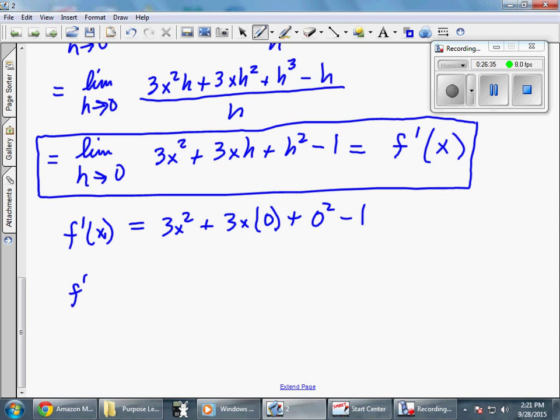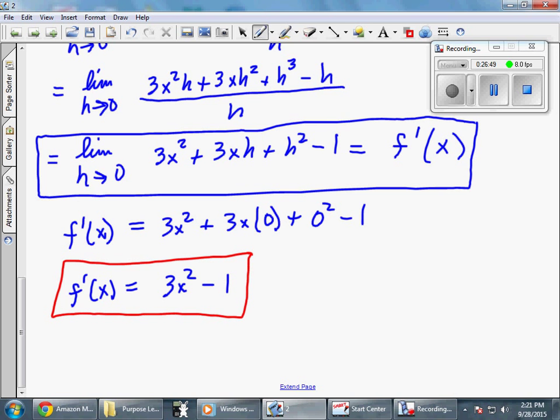So f prime of x equals 3x squared minus 1. And there we are. We're done. You'll find in the future that these are a lot easier than you think. But it is important to understand this basic definition. Outstanding. Thank you, and have a good day.